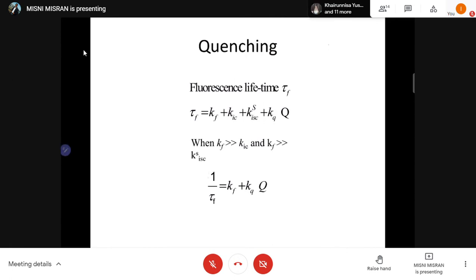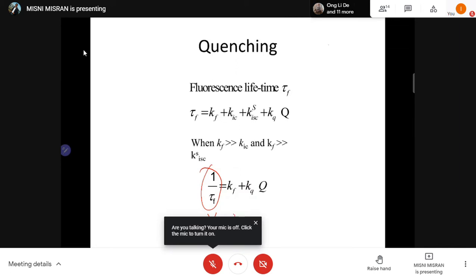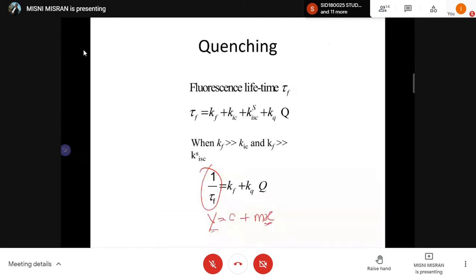So this one is also the same. This is the reciprocal. So if you have y equal to c plus mx, you have the variable here. Now this one is actually the slope. So if you plot this, you should get a slope.